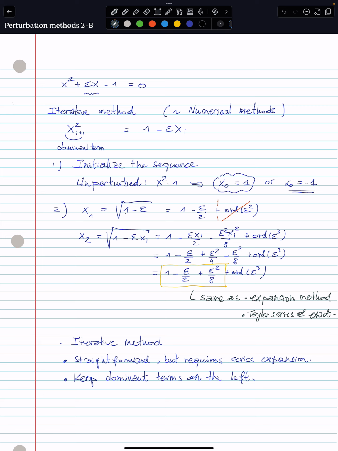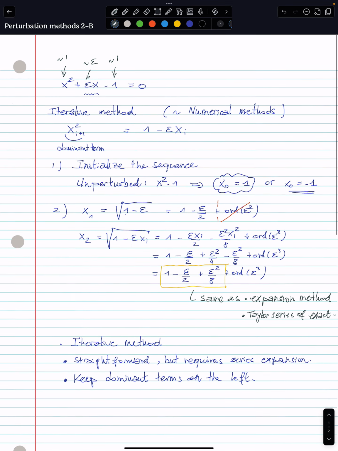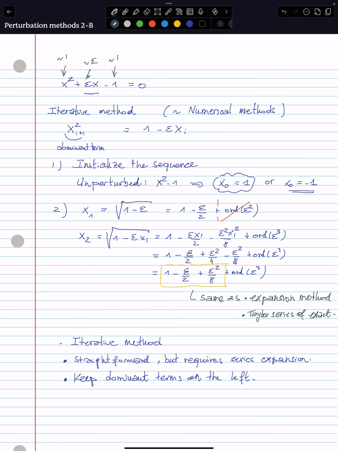So we could obtain that this is of order 1, this is of order epsilon, so much smaller, it should be brought to the right-hand side, and this is of order 1. Of course, we couldn't have kept the last term on the left. Okay, this requires a little bit of testing. If we had kept -1 on the left and pushed x squared and epsilon x on the right, there's no way you can write an iterative sequence here, right? Because -1 is -1, and there's no way you can write this. So that doesn't work. Okay.